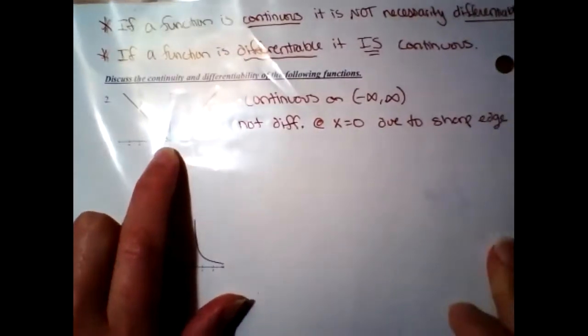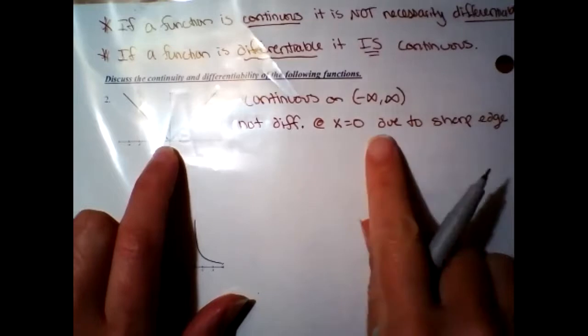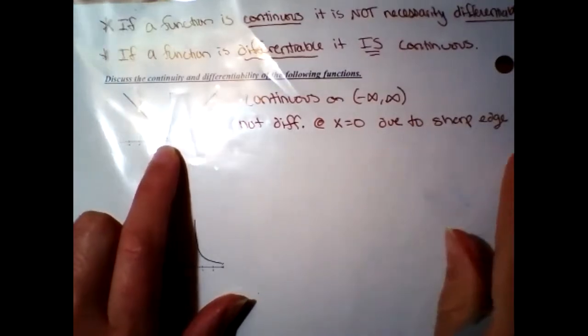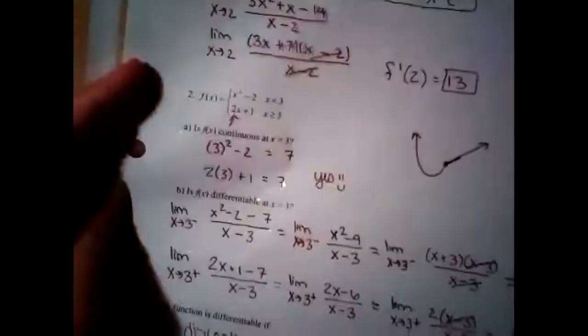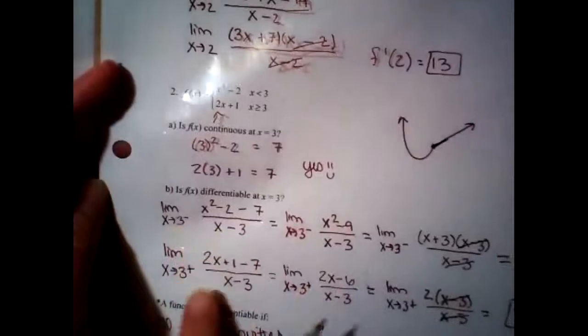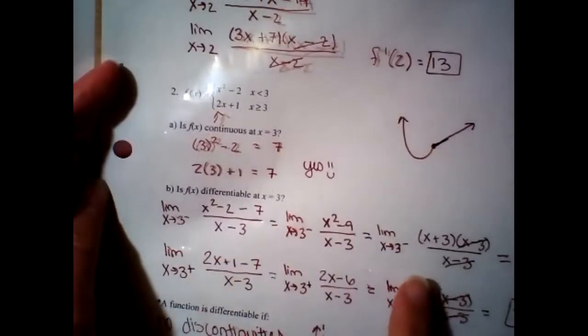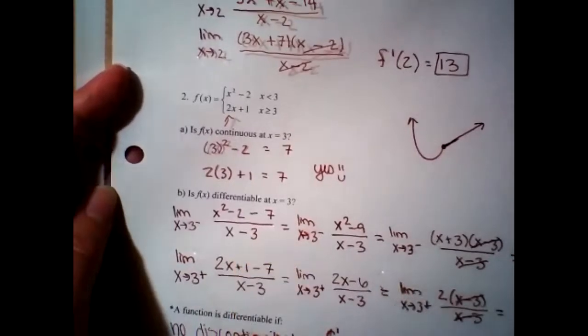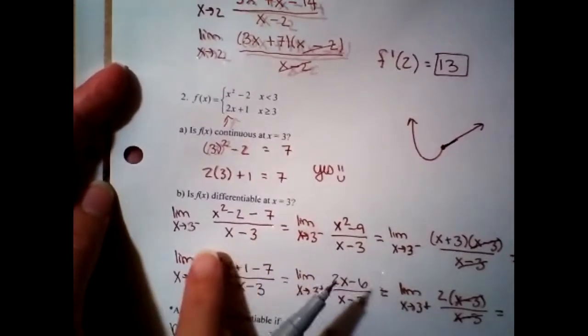For these ones, all I did was give us a graph, so we can just say due to sharp edge or due to whatever the problem is. But on the AP exam, oftentimes they'll give you a function and you'll have to go through these limits like I did, limits from the left and from the right. So just remember, this is another way you can get through this problem. I'm showing you both, but remember the limits.